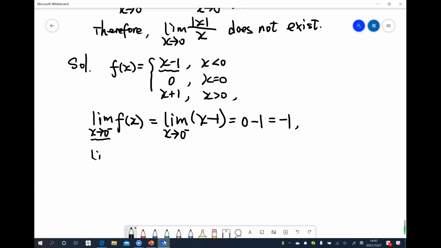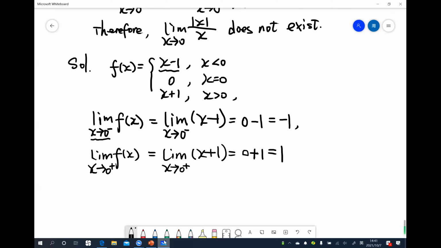Similarly, we can have the right-hand limit. Pay attention to the writing. That equals the limit as x approaches 0 from the right hand of x plus 1, which equals 0 plus 1 equals 1.